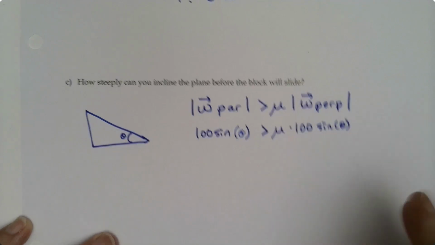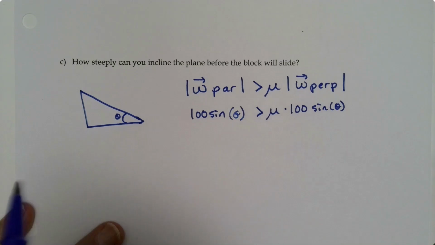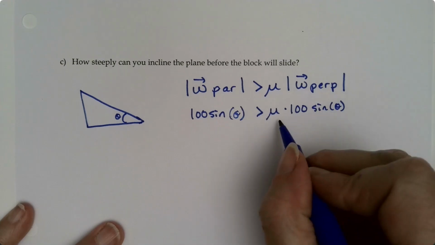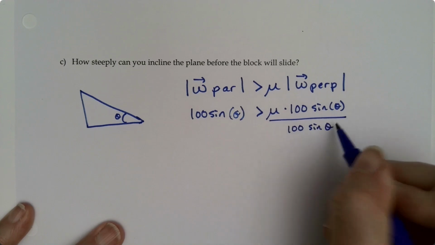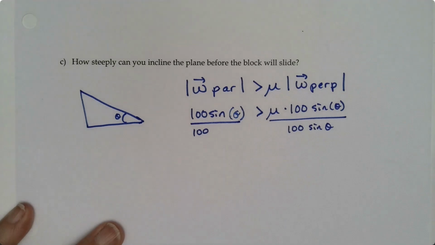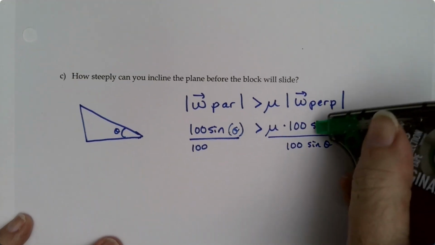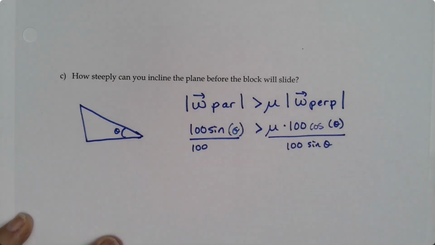What they're asking is, what would the angle have to be? So if I want to solve this for mu, and that mu is 0.65, I want to divide both sides by 100. Oh, yeah, I just did that. Hold on, the perpendicular is cosine. Grief, I was so busy thinking about the mu that I forgot.